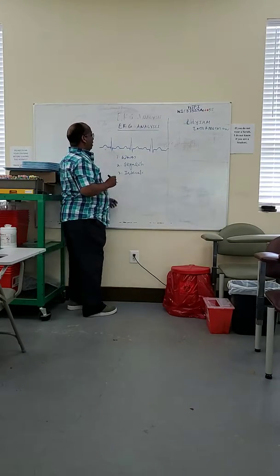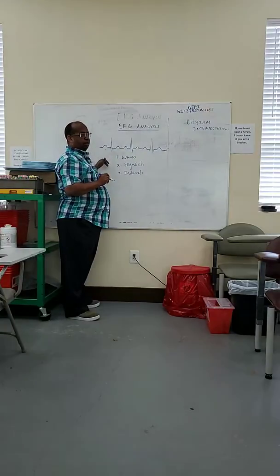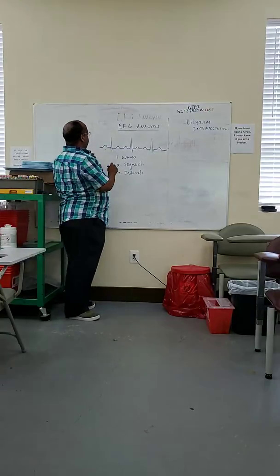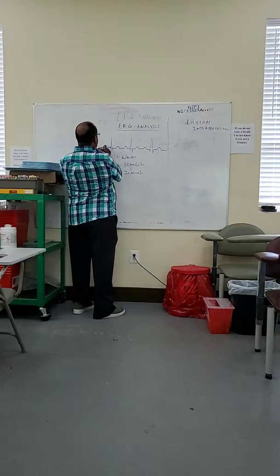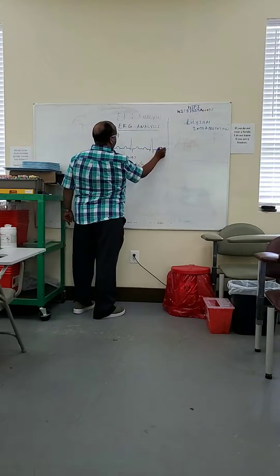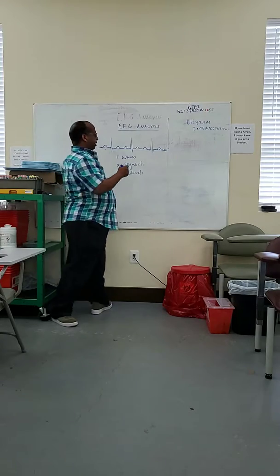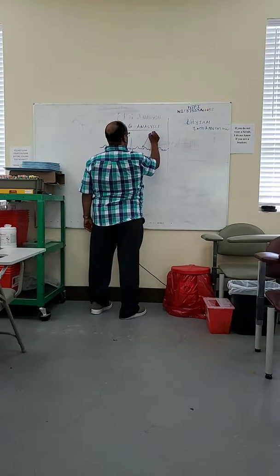The waves are depicted by the ones that go up or down. If you see here on the tracing, there is a straight line. Can you see? This is called the zero line, or the isoelectric line. It means there is no electrical activity.